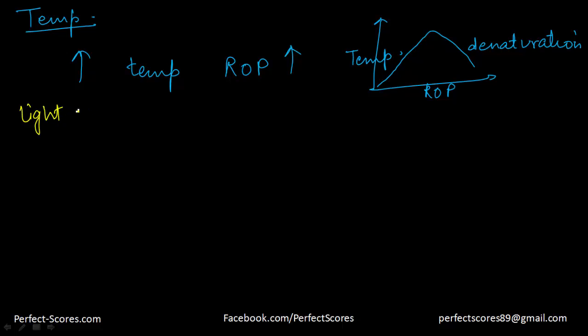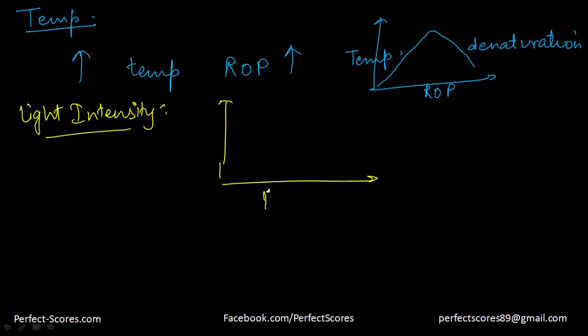This is the second factor, light intensity. As light intensity increases, the rate of photosynthesis will also increase till a certain point when photosynthesis is proceeding at the maximum rate. So if you plot a graph of rate of photosynthesis and light intensity, the graph is again going to be like this.